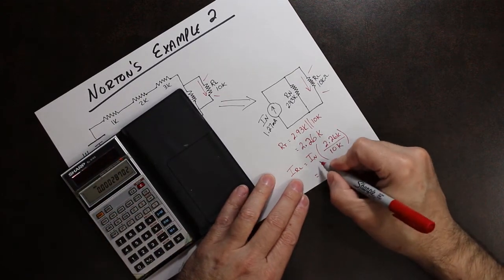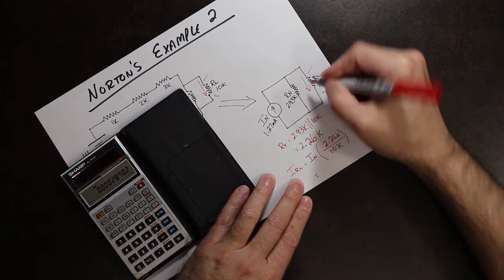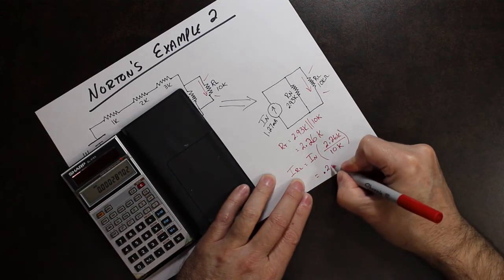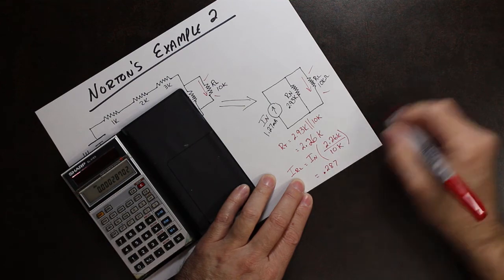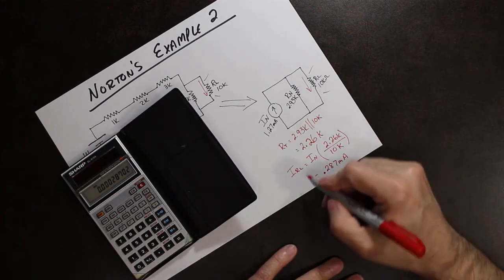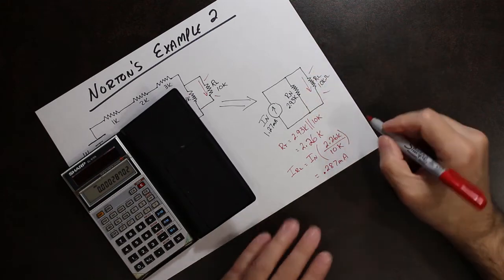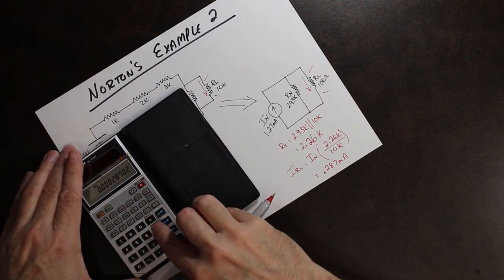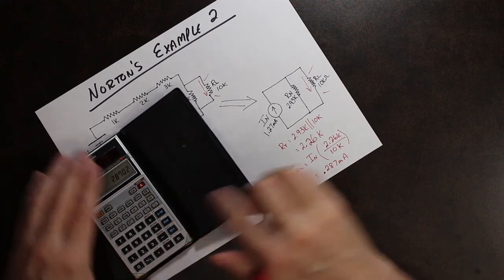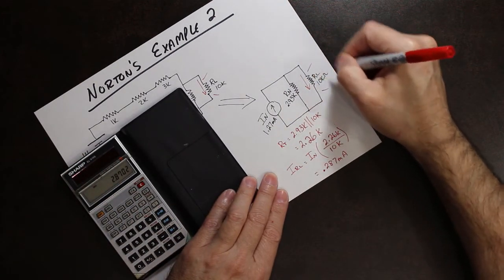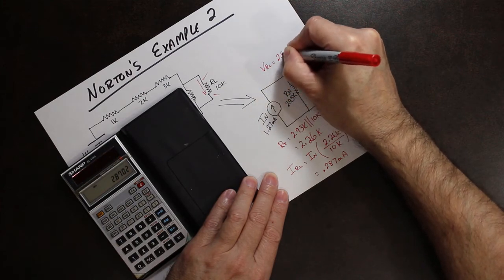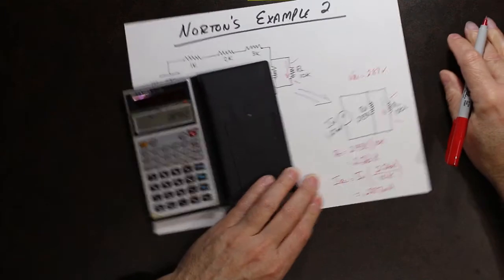So the current through the load in this case is 0.287 milliamps. And if we wanted to, we could multiply it by 10,000 and find the voltage across there. So the voltage across the load is 2.87 volts.